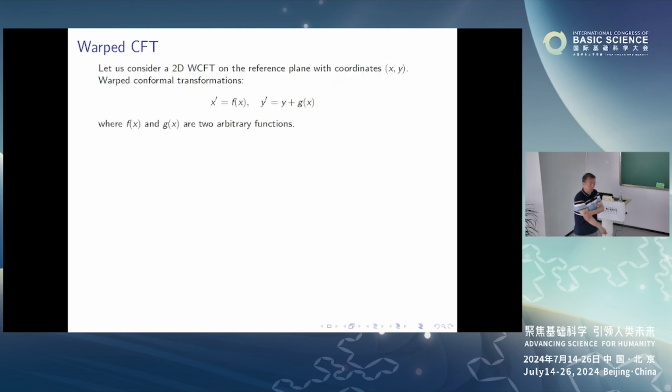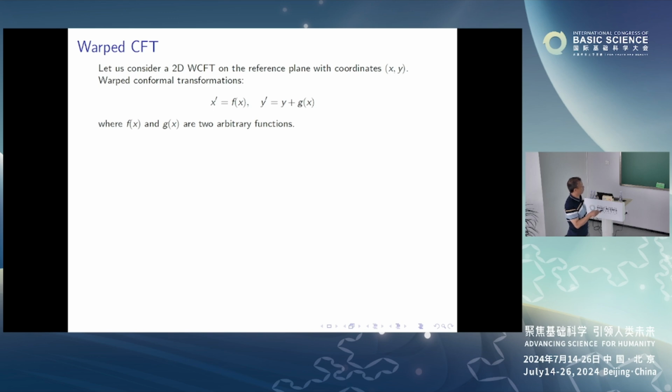But for the warped CFT, it is more complicated. We know that the transformation is different. For the warped conformal transformation, you have two directions, X and Y. But X undergoes a usual diffeomorphism, while the transformation on Y is slightly different.